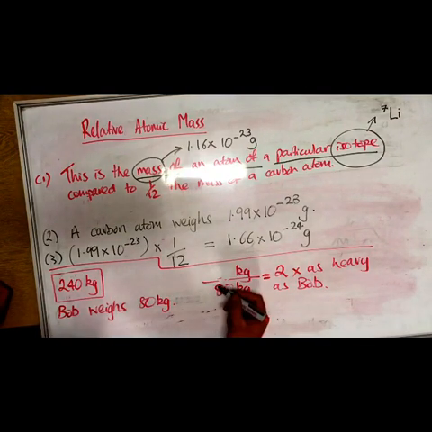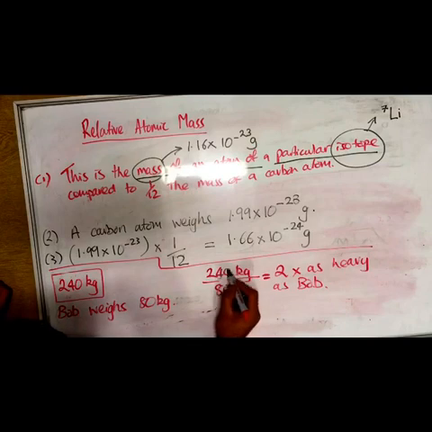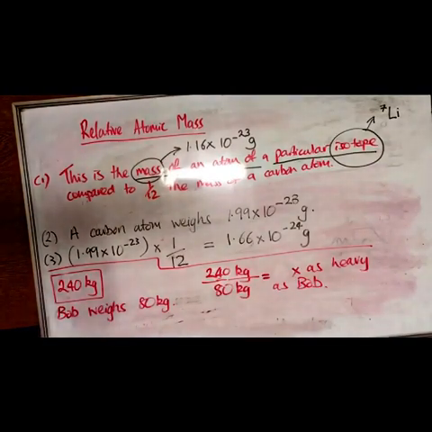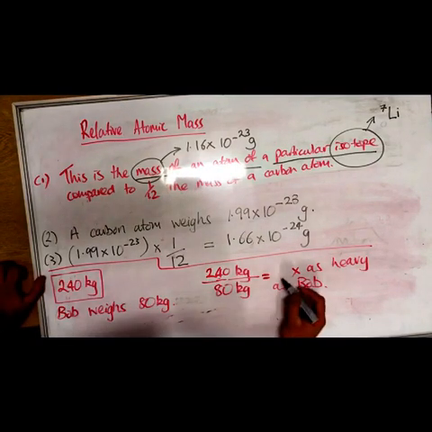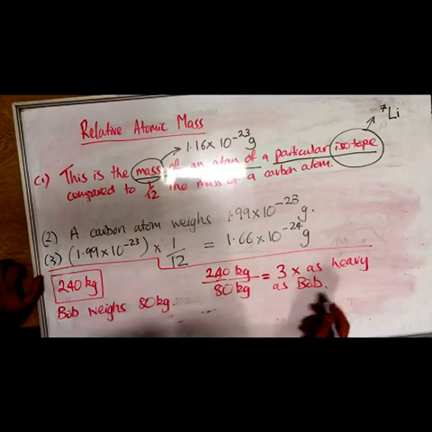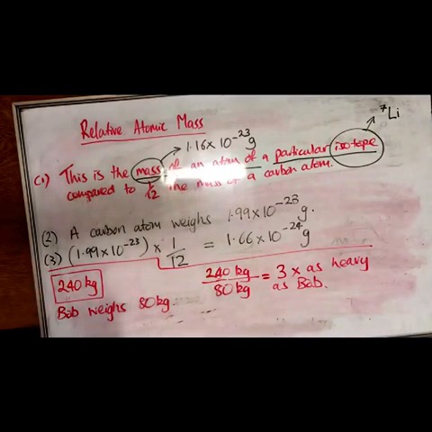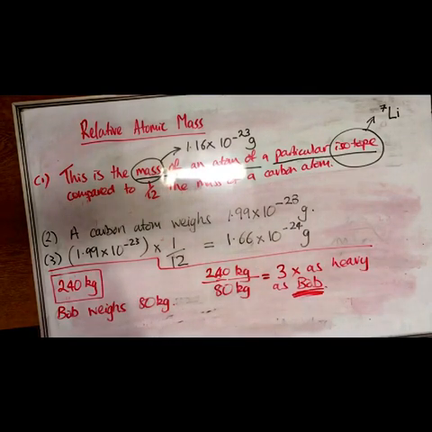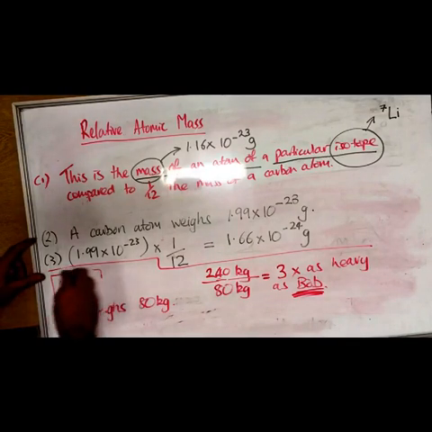So we put 240 on the top divided by 80, and rather than me being twice as heavy, this random person is 3 times as heavy as Bob. So you get the idea. Rather than saying the actual number 240 kilos, we just say 3 times as heavy as the thing we're comparing against. It just so happens to be Bob in this case, but we could have chosen anything. So that's all relative means. We compare against something.